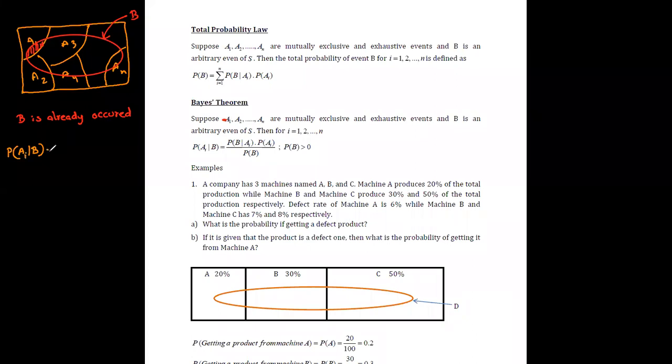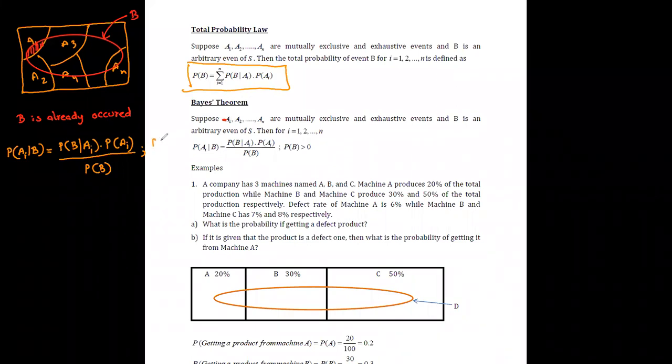This can be obtained as probability of B given Ai times probability of Ai divided by probability of B, and this probability of B can be obtained using the total probability law.